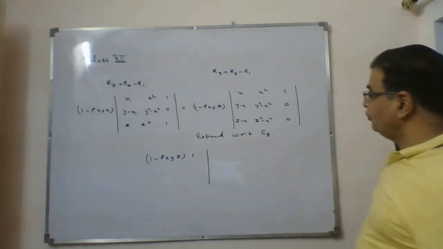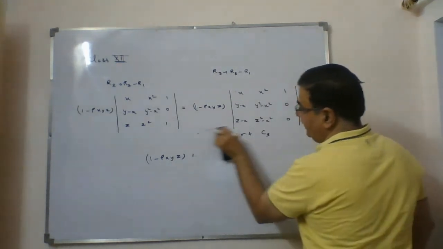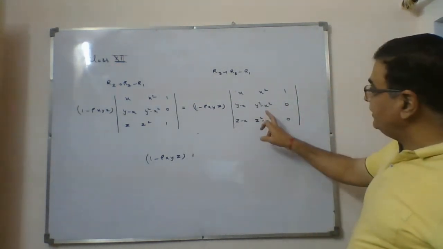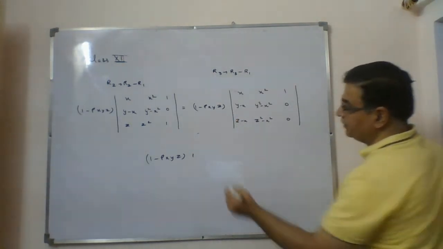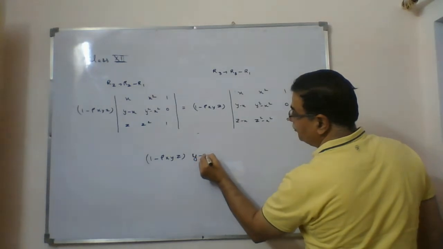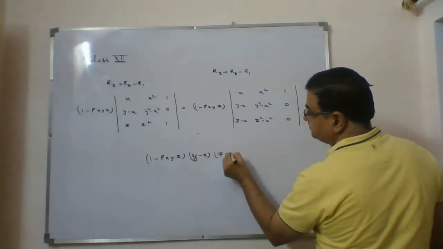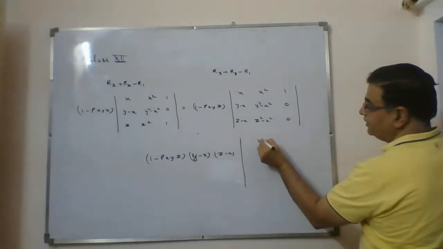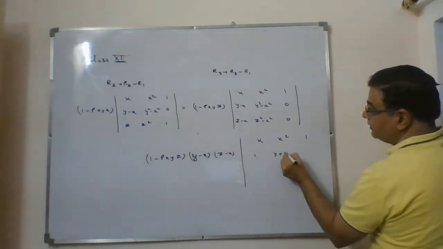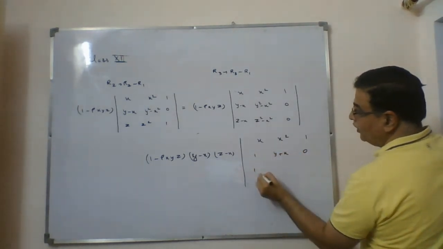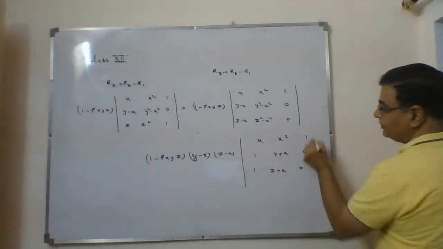One more thing you can do before expanding: it's better you take y minus x common from here and z minus x common from here. So one more step you take, and that will simplify your result more. This will be 1, y plus x, 0, 1, z plus x and 0.